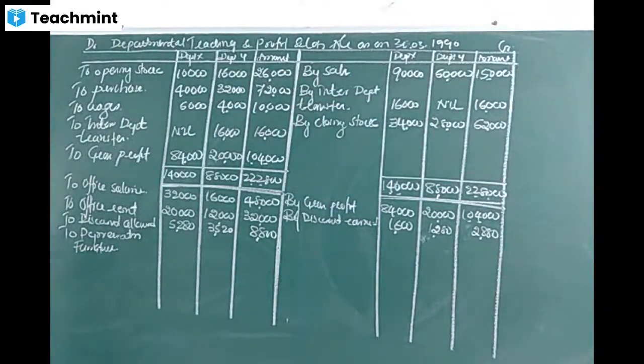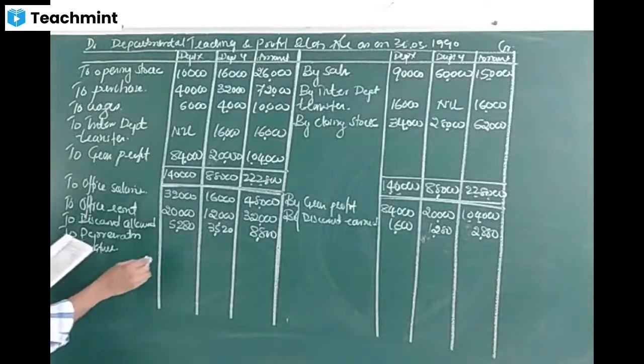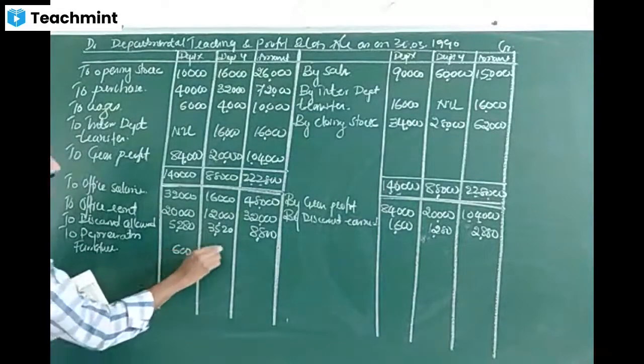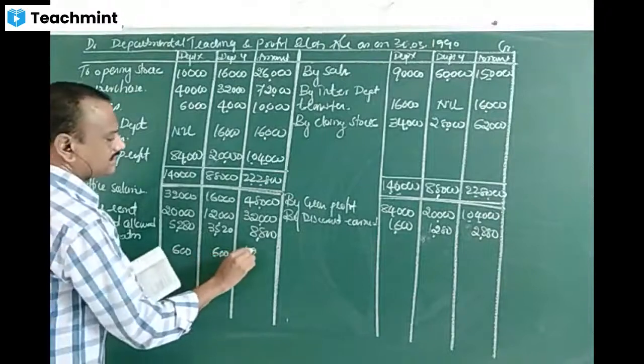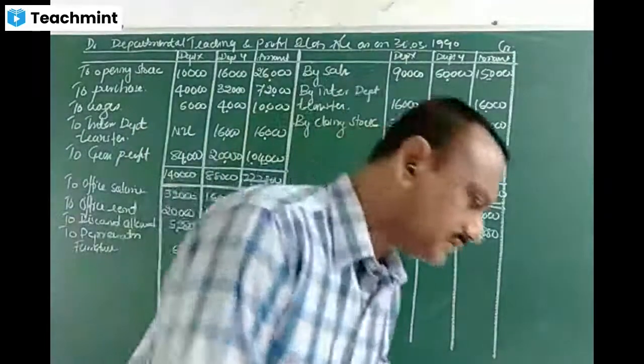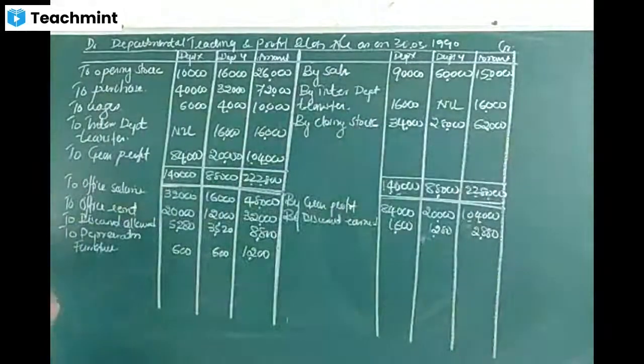The furniture we have already allocated, that is 600 each, 600 and 600, 1,200. And that one of machinery. Machinery I think 2,000.